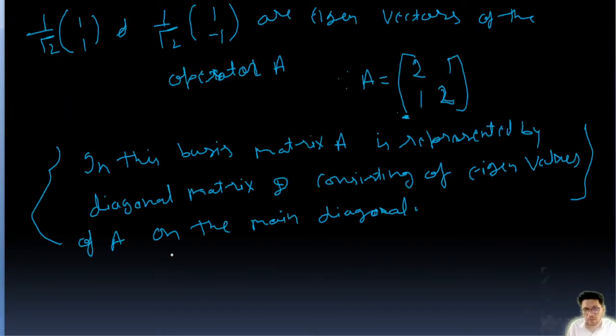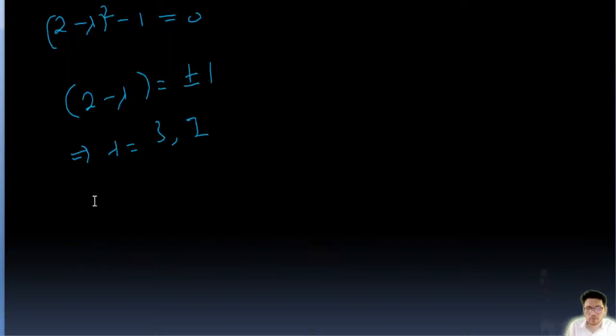So according to this, in this basis the matrix A is represented by the diagonal matrix consisting of the eigenvalues of A on the main diagonal. So the required matrix D is going to be, with these as the diagonal elements, 3 0 0 1.